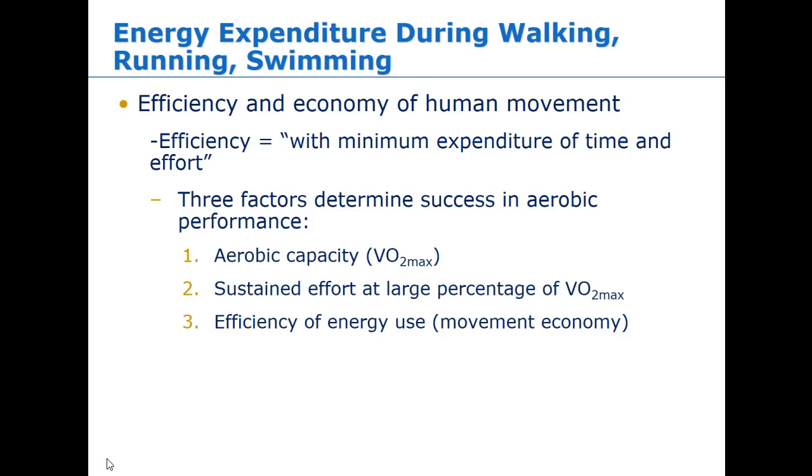Your aerobic capacity, in other words, what you can consume, and the sustained effort at a large percentage of your VO2 max. That probably means that you've got your trained onset of blood lactate to avoid fatigue, and also what affects it is your movement economy, or the efficiency of your energy use.